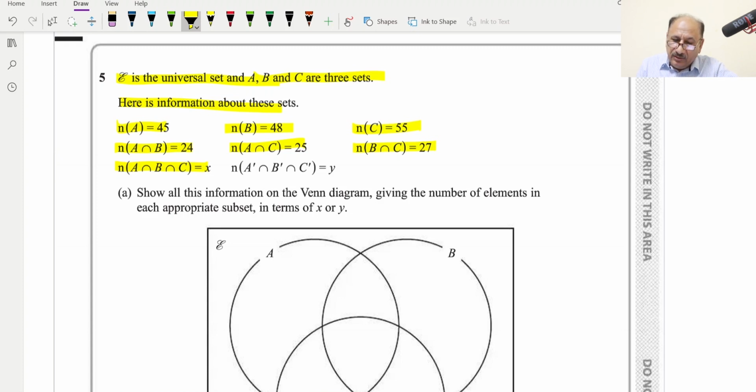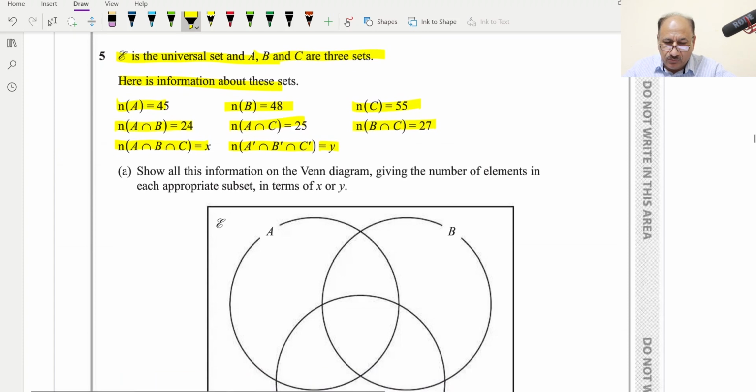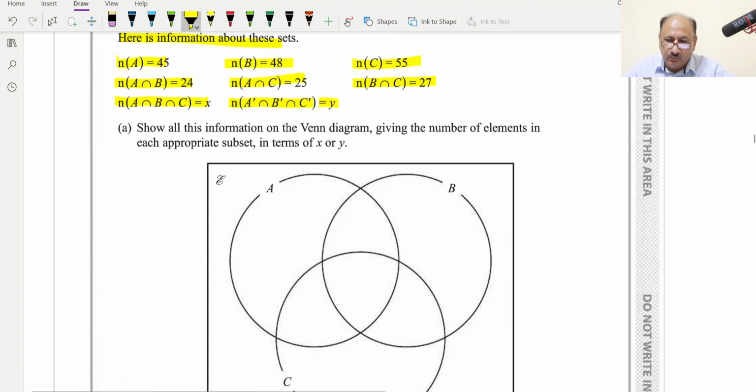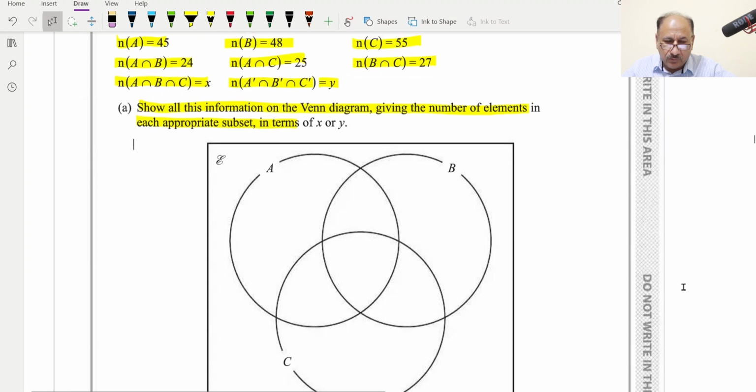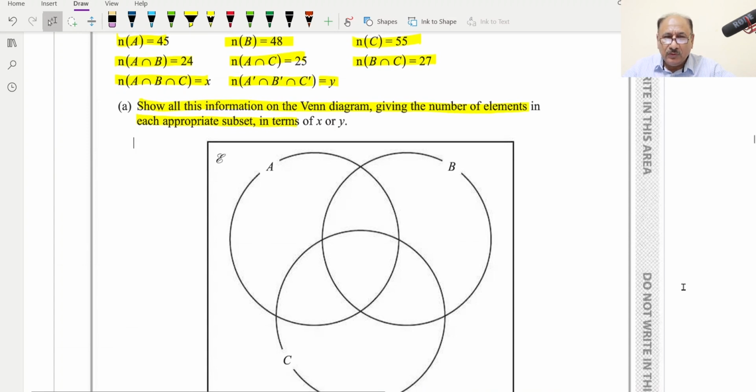And similarly, members of A complement intersection B complement intersection C complement is Y. So according to this information, we have to incorporate it in this given diagram, show all this information on the Venn diagram, giving the number of elements in each appropriate subset in terms of X and Y. So now our task is to translate or transfer this information on this Venn diagram.